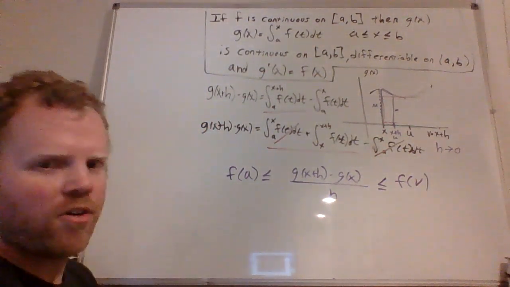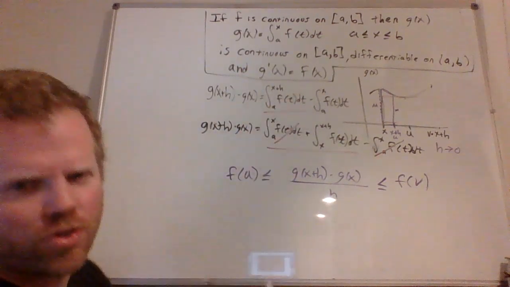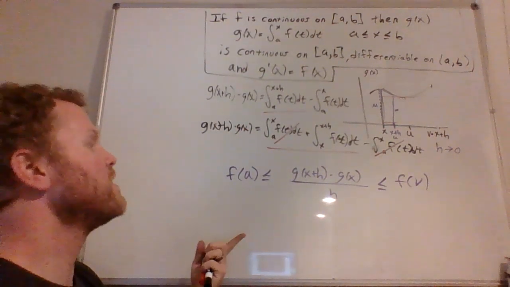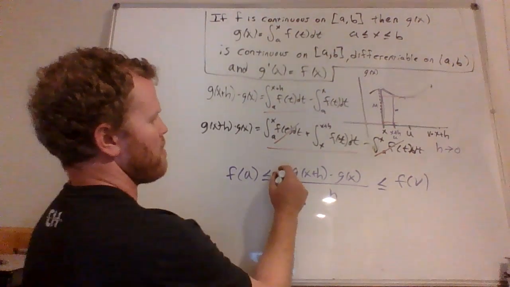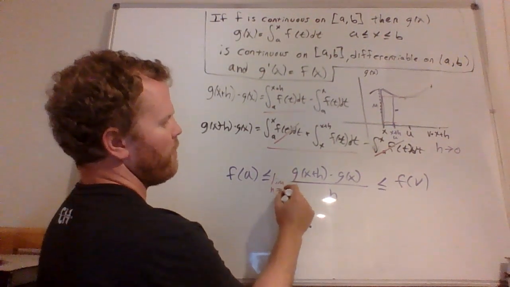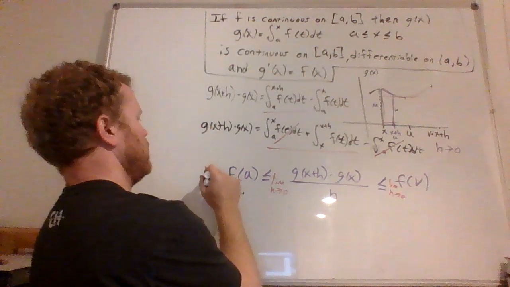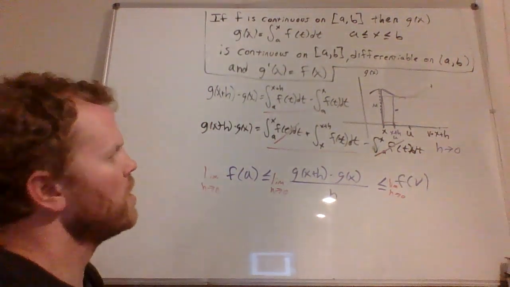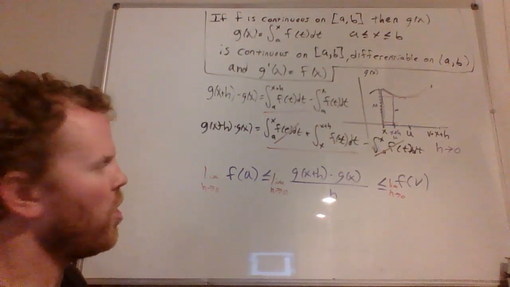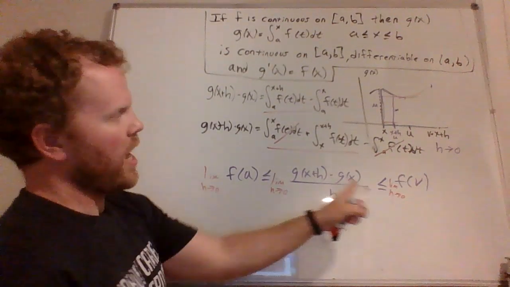And the key thing here is that's not quite the derivative, which is what we think is true. That is the numerator and denominator of the definition of the derivative. It's just missing that limit part. That's why I kept referencing before the limit as h goes to 0. So this middle limit is actually our easiest one. That is g prime. It's just these other limits are kind of weirder.